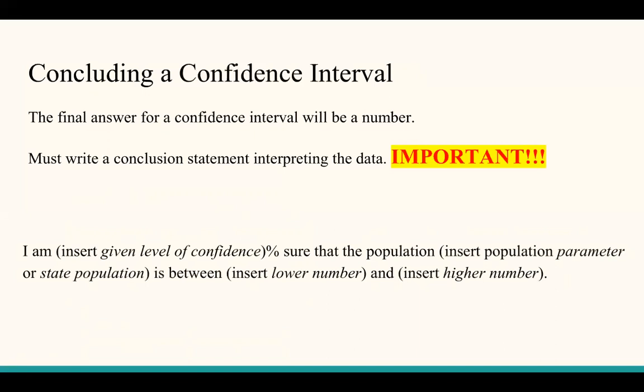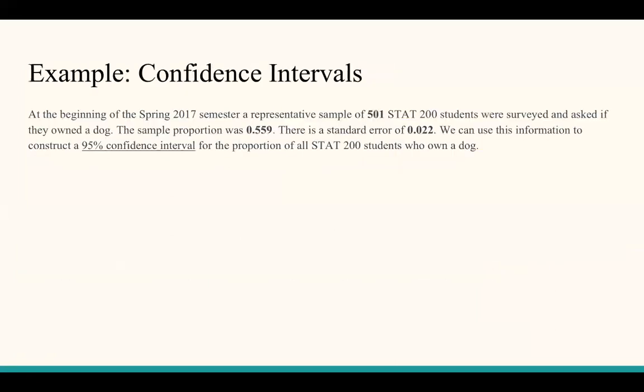This is the consistent format. You definitely want to use the population parameter always. Do not use the sample statistics or any symbols that represent a sample. You always want to speak in terms of the population with confidence intervals. So here's just an example.